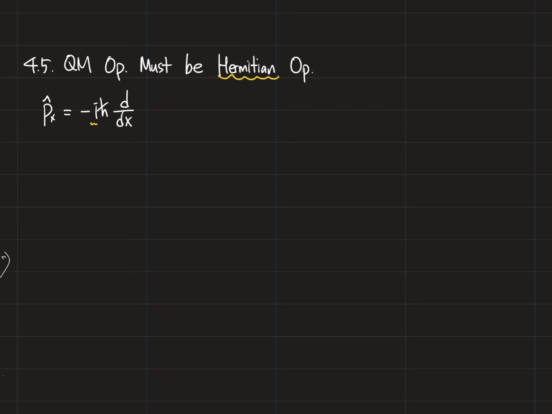But in the laboratory, the result of a measurement, like when you're measuring the energy of the system or when you measure the position of the particle, should always be a real number, right? Your measurement always gives you real numbers.